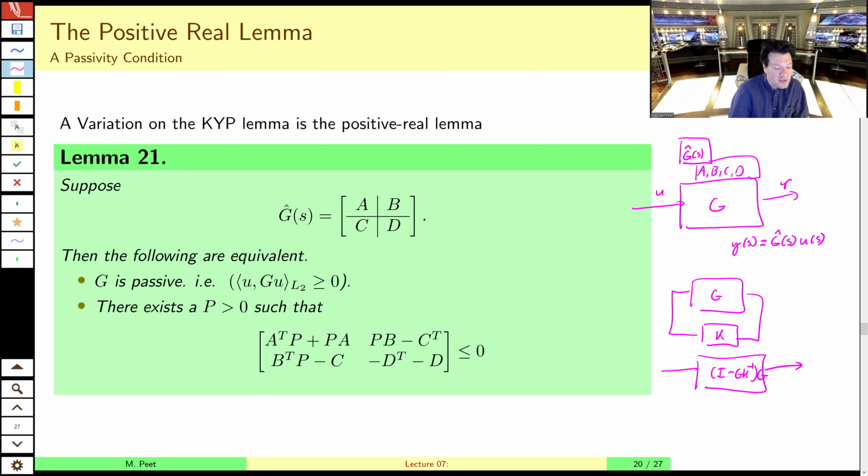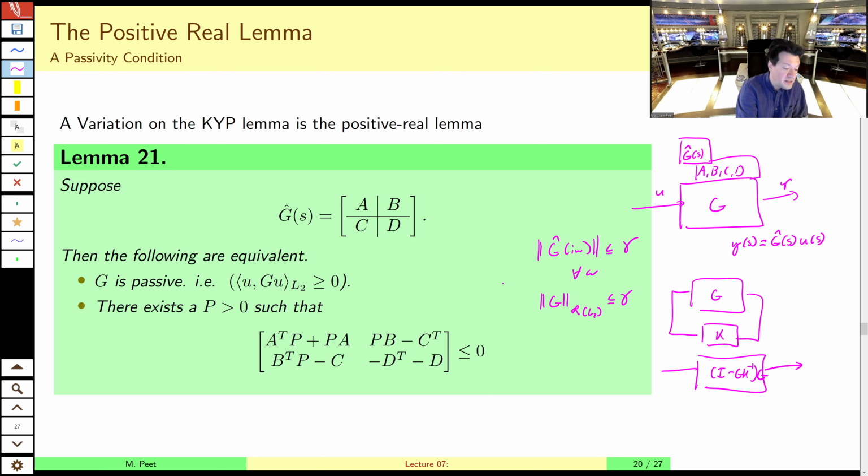So in the previous part of this lecture, we showed that if this G is bounded on the imaginary axis, right, the magnitude of G of i omega is less than or equal to gamma for all omega, then the system norm of G also satisfies a bound. Now it's the induced norm bound from the input space to the output space, L2 to L2.